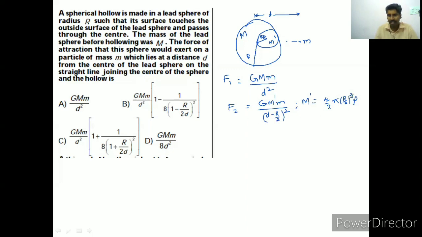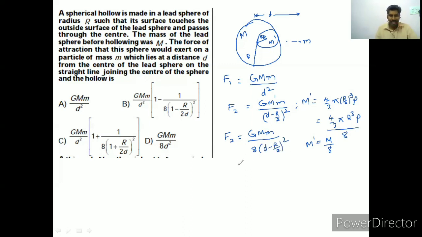Now this F2 value I will write: 4 by 3 pi r cube rho by 8 we will get. So simply we can get this is m by 8. The m dash value we can substitute as m by 8. So F2 is equal to G m m by 8, d minus r by 2 whole square.